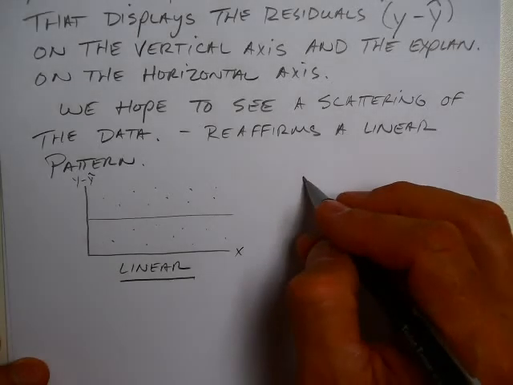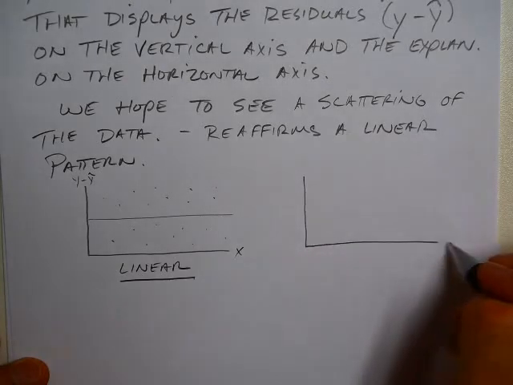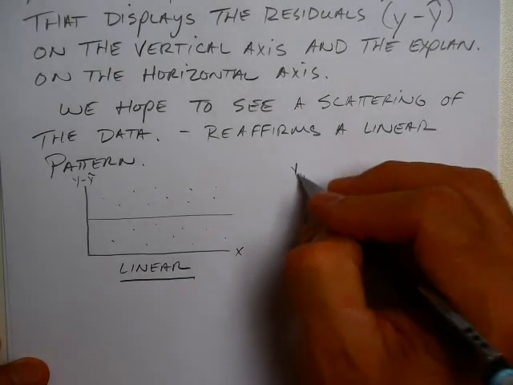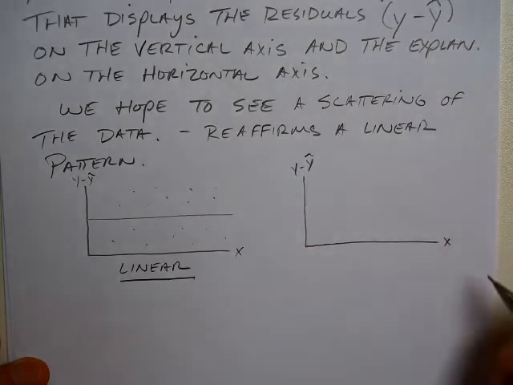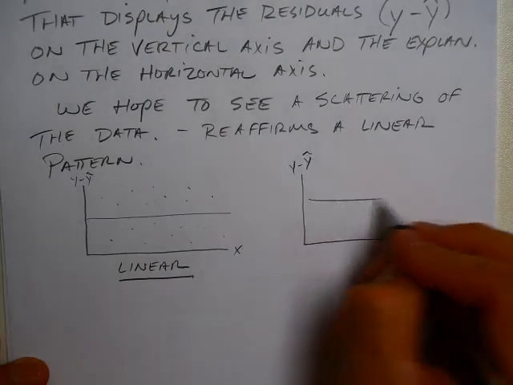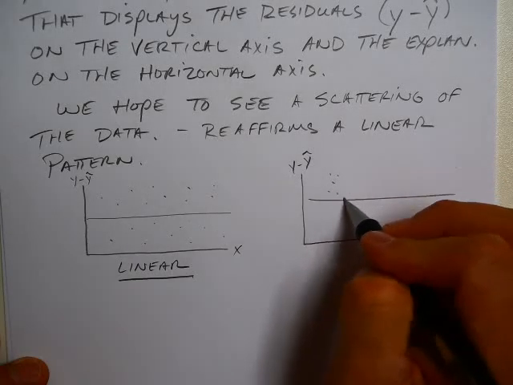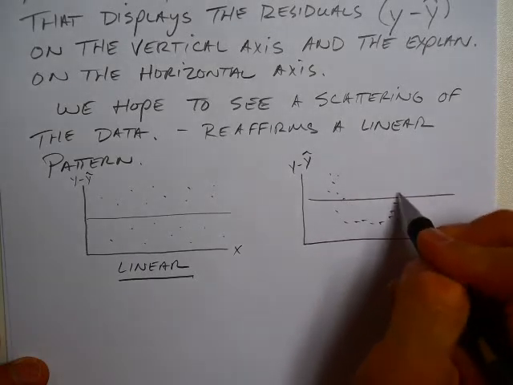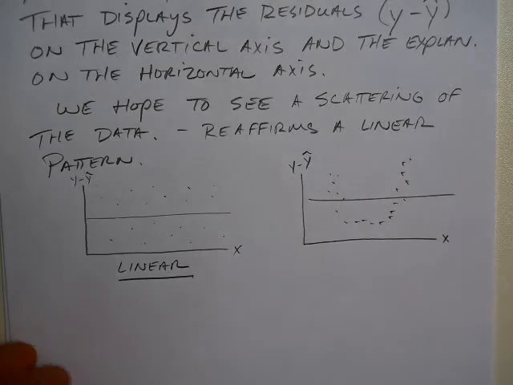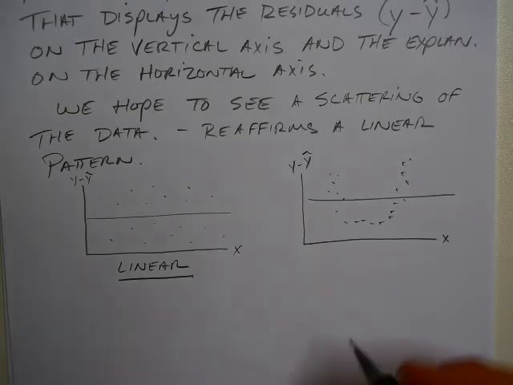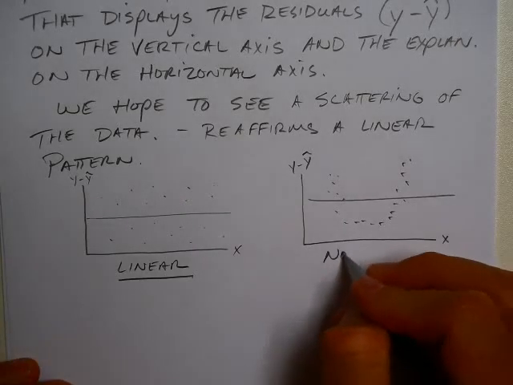So if you have a residual plot where you don't have a scattering, you actually see some pattern of some sort, maybe a kind of parabolic shape or some sort of pattern in there that you can identify in one way or another, then this would indicate that your data is not linear.